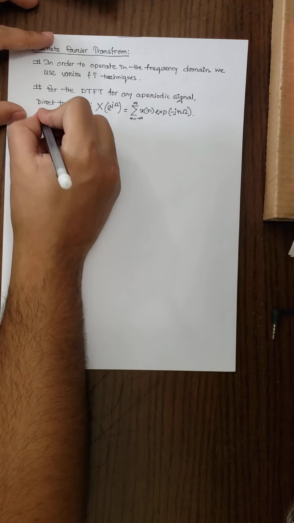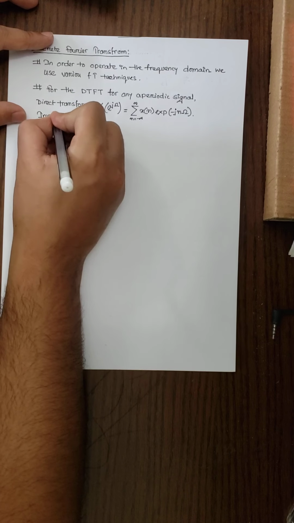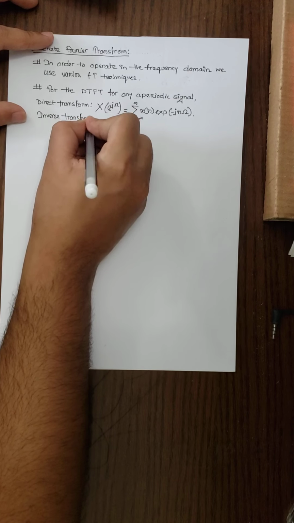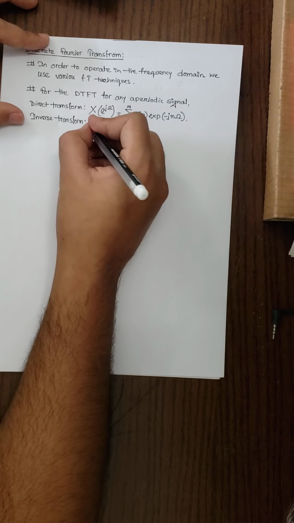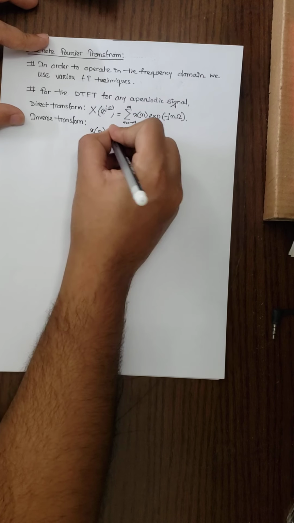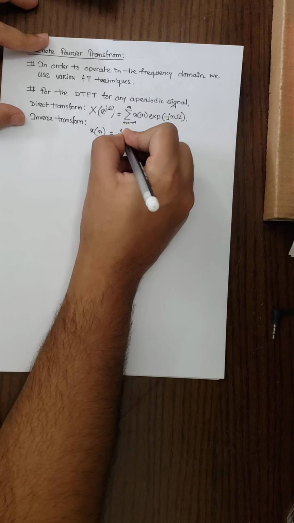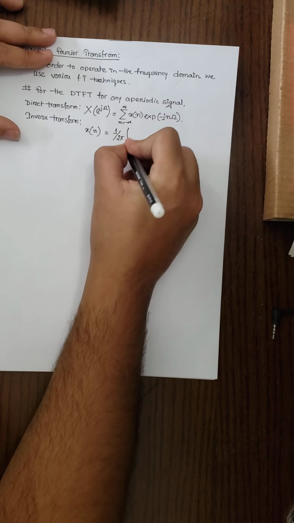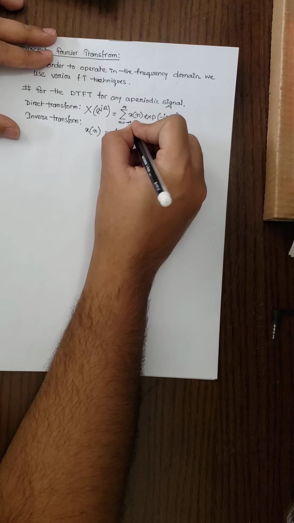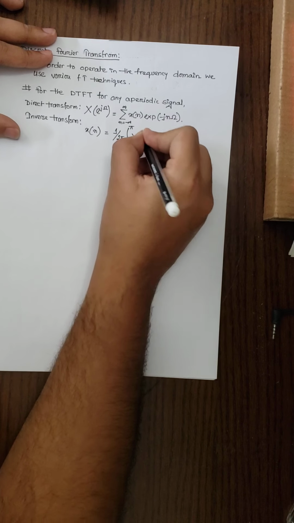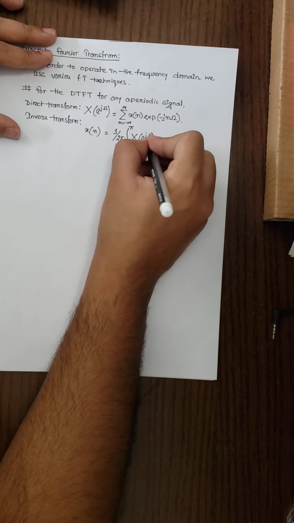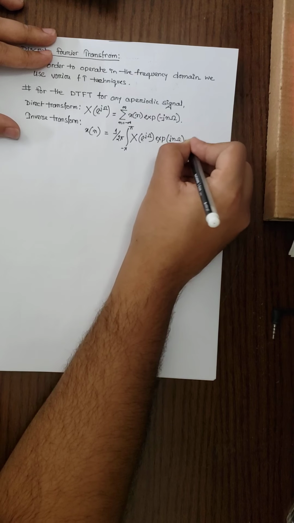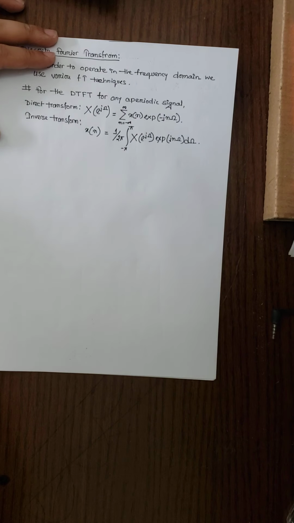And the inverse transform will be x of n, which equals 1 over 2 pi times an integration from negative pi to pi, X of e to the power j omega e to the power jn omega, d omega being our integral operator.